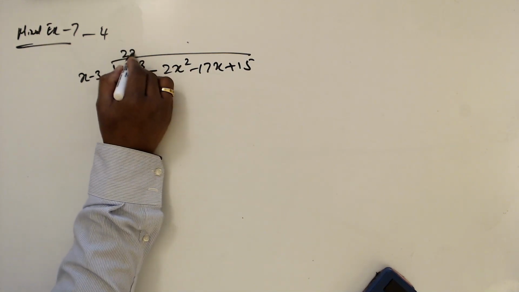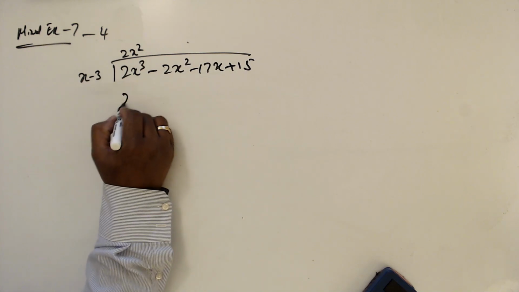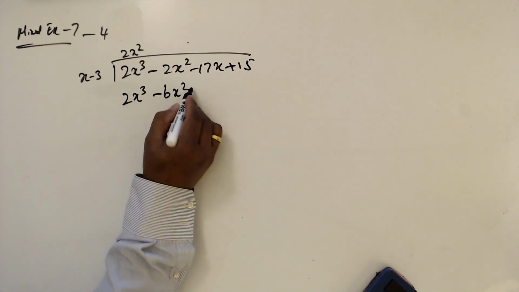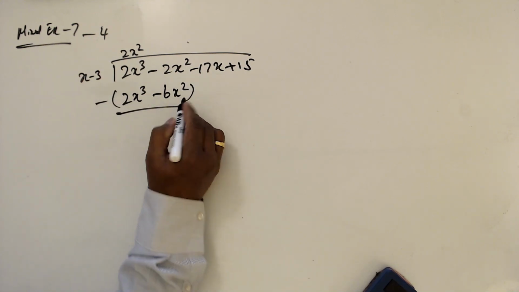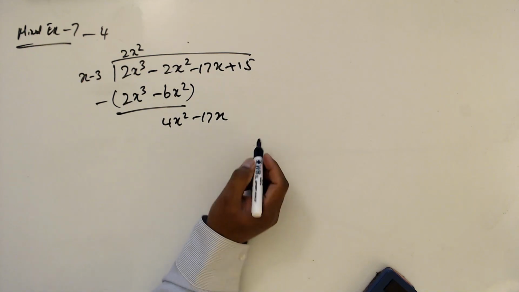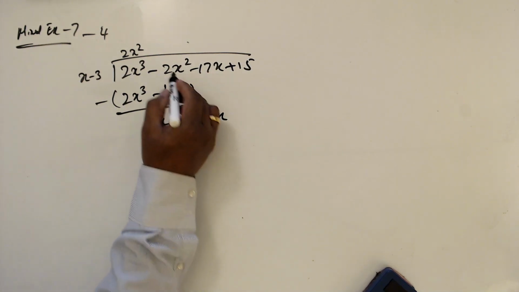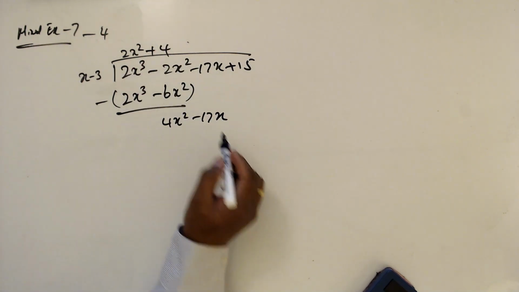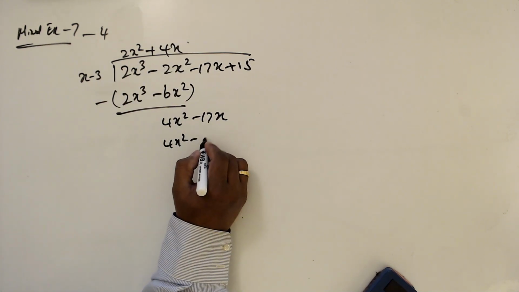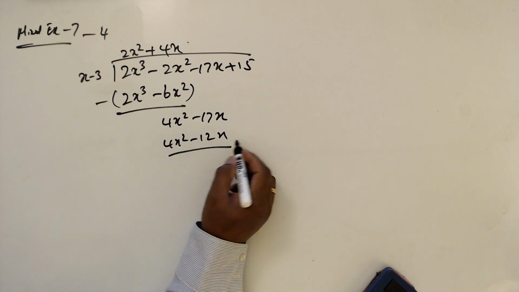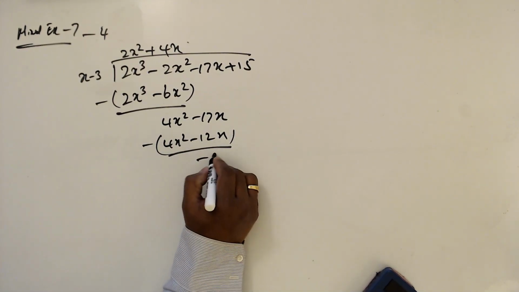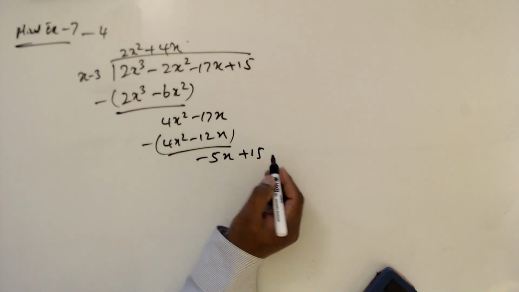So this is going to be 2x squared, then 2x cubed minus 6x squared. So this is going to be 4x squared minus 17x. Then take 4x, so this is going to be 4x squared minus 12x. When you subtract this together, this is going to be minus 5x plus 15.